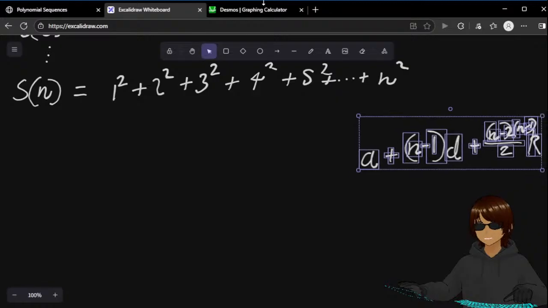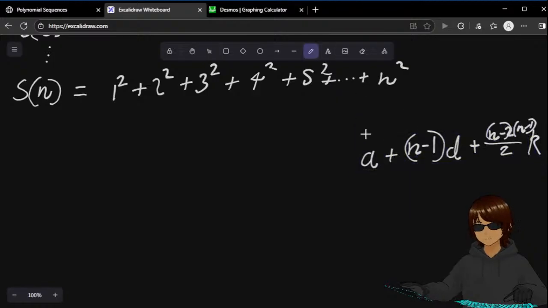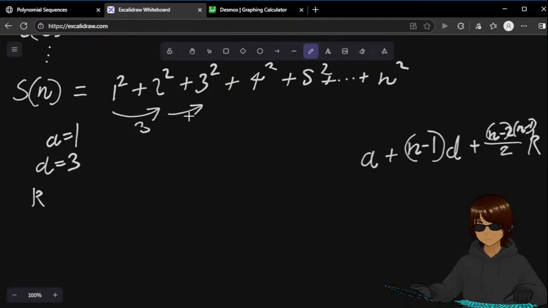But the thing is, how do we know that it follows this formula? 3 square 9, 2 square 4, 4 plus 5, and then 4 square 16, 3 square 9.